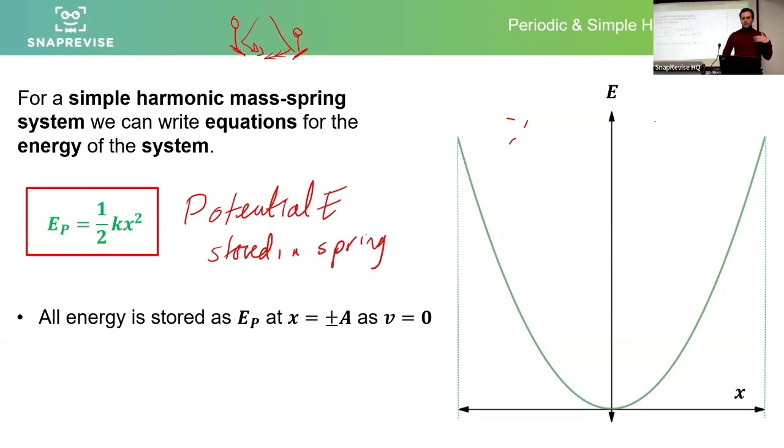So when the spring is maximally extended, all the energy is stored as elastic potential. So when we're at extremes of x, the elastic potential, this green line, is at a maximum. Hooray! So here's minus a, here's plus a.